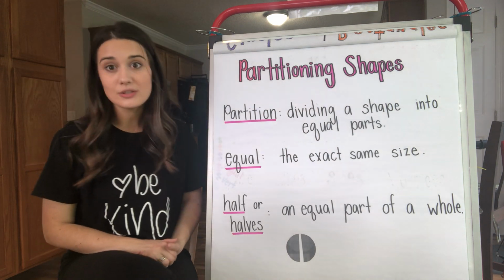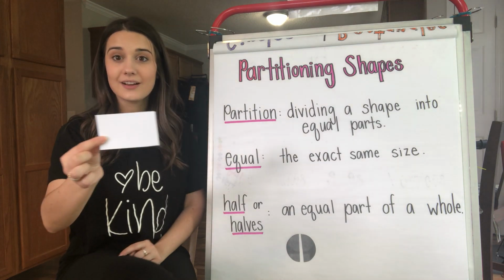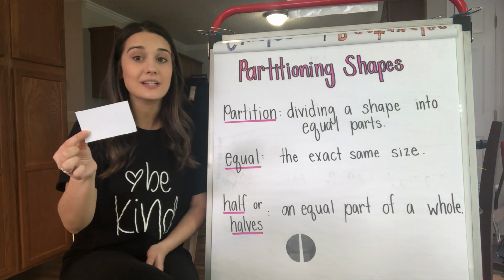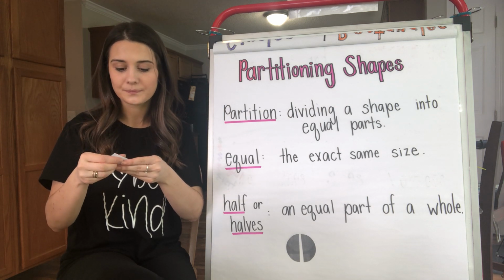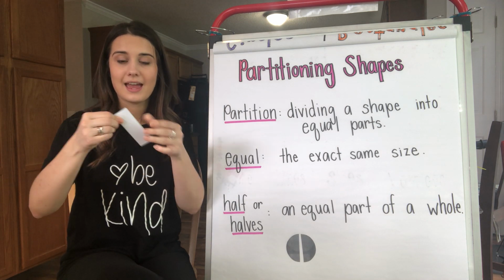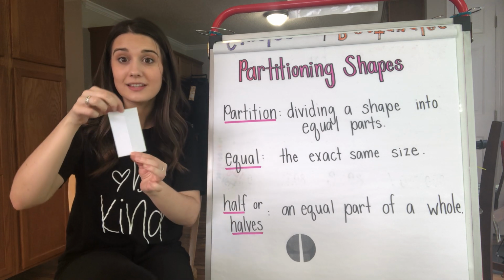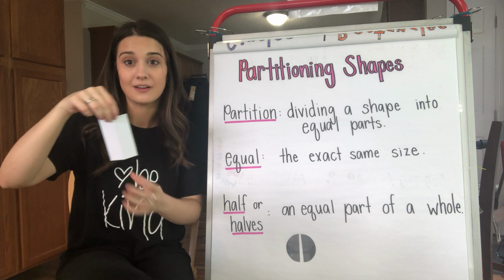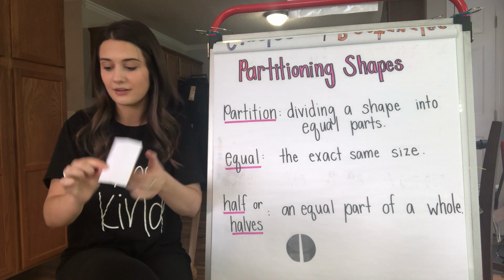Now, how can we do this with a rectangle? Let's see. I have a rectangle right here. What could I do again to make sure they're equal parts? I could fold my rectangle, and now I have a line. And if you have a piece of paper at home, maybe you could try this with a piece of paper since a piece of paper is a rectangle, or you can cut out some circles and try. So I see that my rectangle has a line down it.